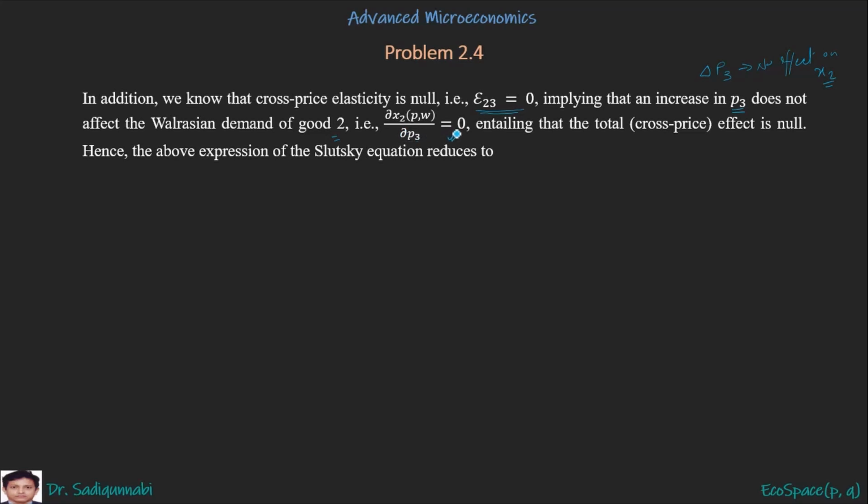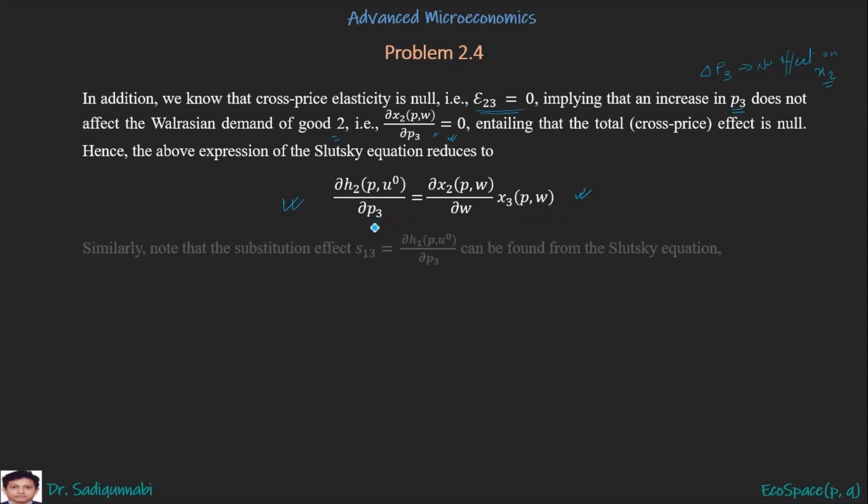So we can now simplify the Slutsky equation. This term is 0, so that's why we just get the simple version of the Slutsky equation. Similarly, we can find this from the Slutsky equation.